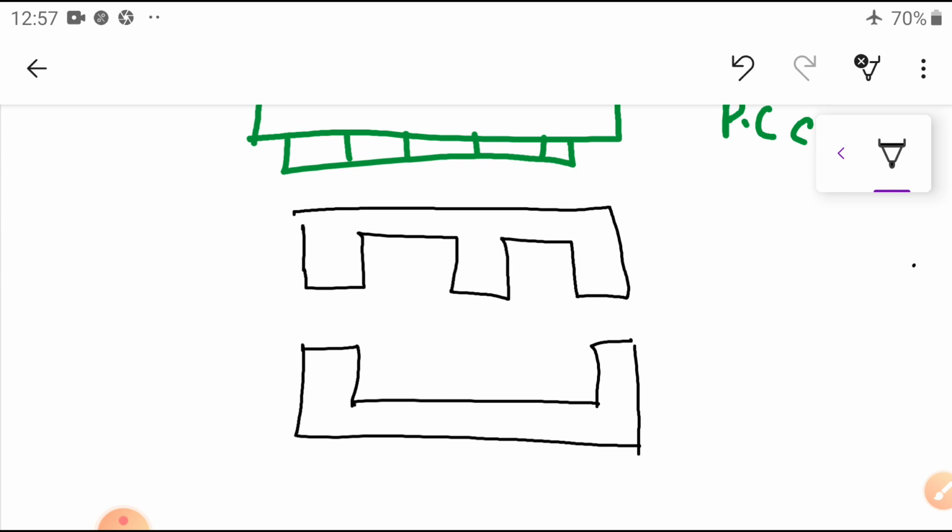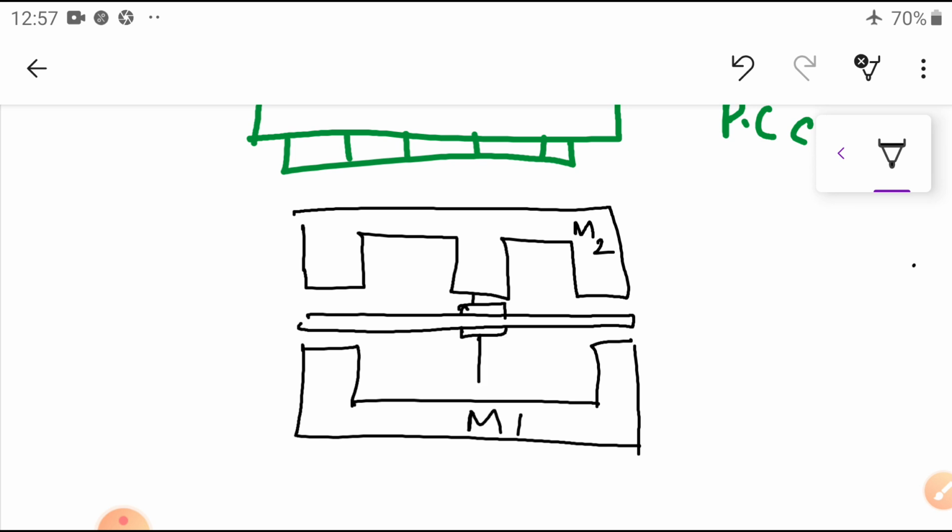This is the M1 magnet, this is the M2 magnet. An aluminum disc is connected through a common shaft placed on jewel bearings, and it is connected to a register mechanism that counts the number of revolutions.